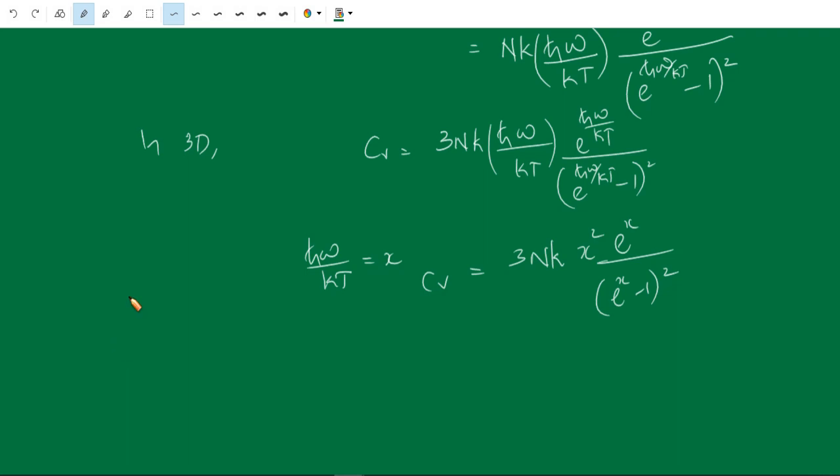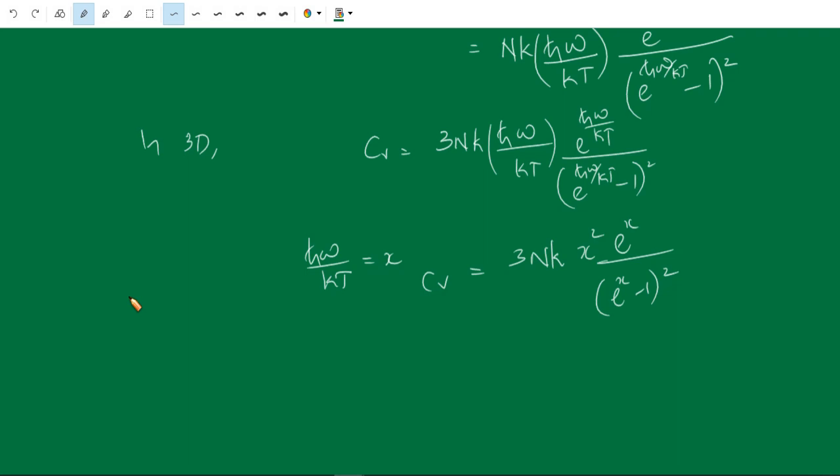We have seen in the last class the Debye model of heat capacity. Today we have seen the Einstein model. The main difference is that in the Debye model, a continuous range of frequencies is allowed up to the cutoff frequency.